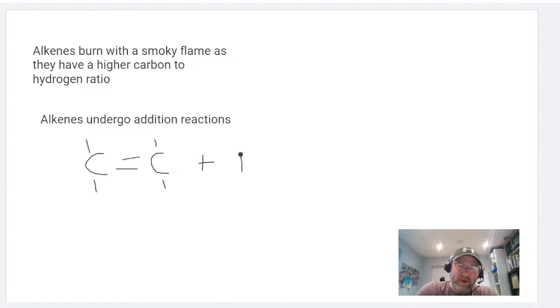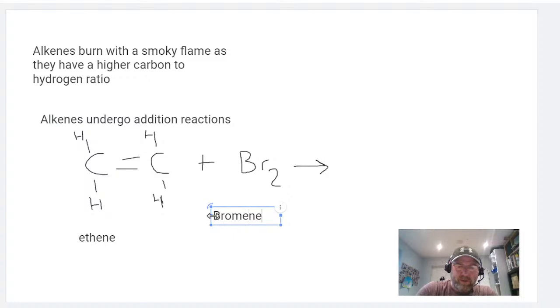Does anyone know what this makes? You have ethene. You've got bromine.